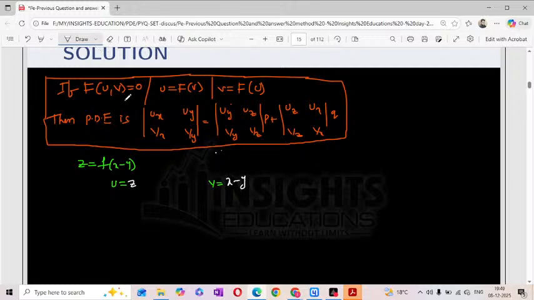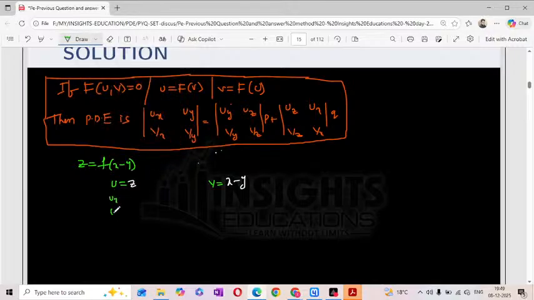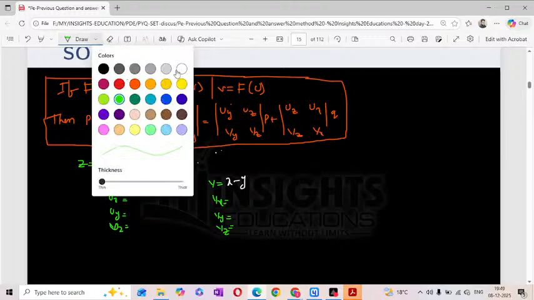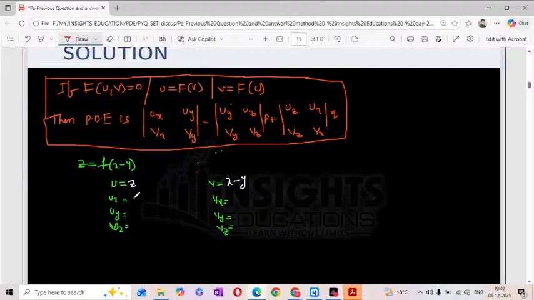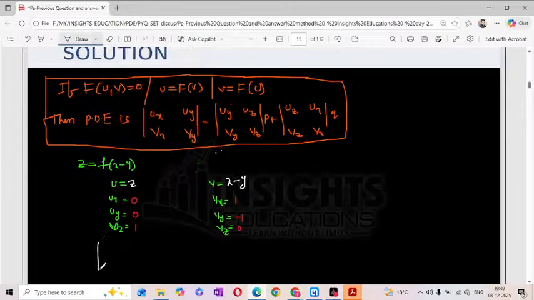Then you have to calculate ux, uy and uz, and here vx, vy and vz. ux is 0, 0, and 1. vx is 1, minus 1, 0. Just substitute all these in the equation. So I am directly substituting.